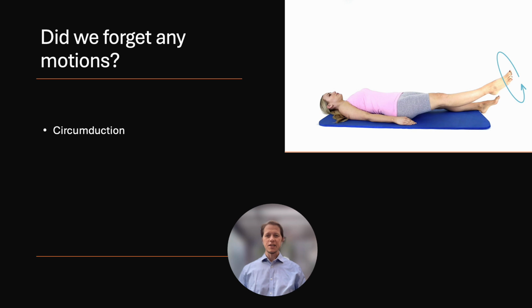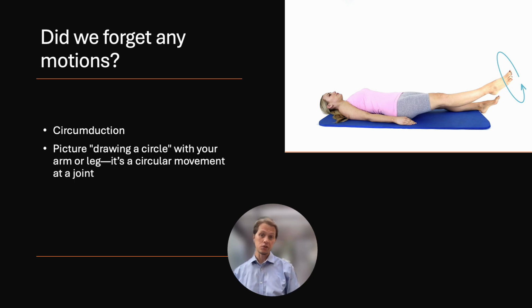But did we forget anything? Yeah, we did. There's one motion that's not really a specific motion, but if you think of your shoulder or your leg, if you keep your leg completely straight or your shoulder completely straight, and you just kind of wing and wrap around your arm or your leg, that is not specifically flexion extension, abduction, adduction, internal or external rotation. It is this roundabout motion called circumduction.